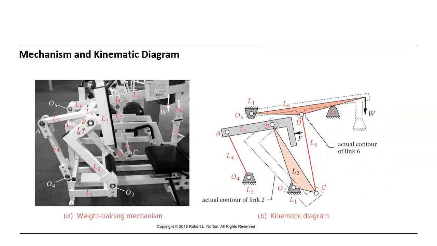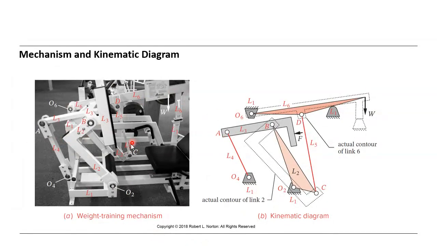So you see here a mechanism, a weight training mechanism, and in this mechanism there are many members involved, and all the members are defined L1, L2, and L3, and so on.